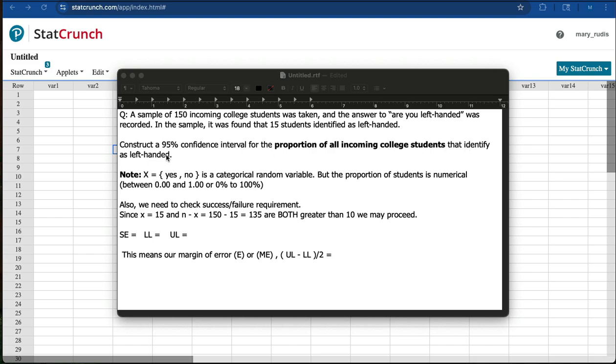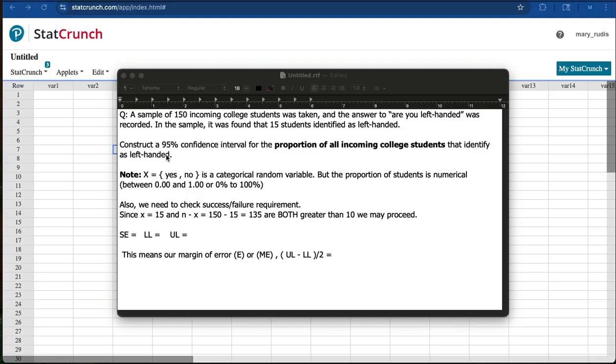So that's what inference is all about. We're going from a sample and we are inferring something about the population of all incoming college students. And because of the central limit theorem, we can do that, provided that certain conditions are met.